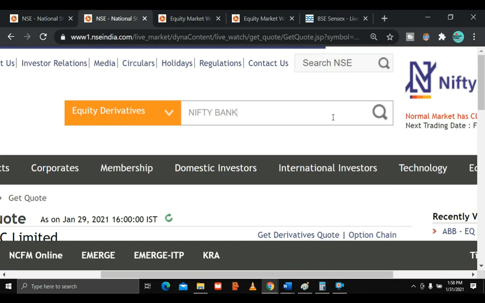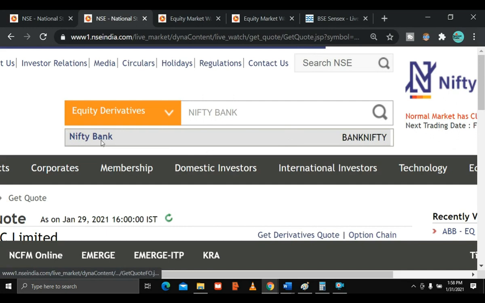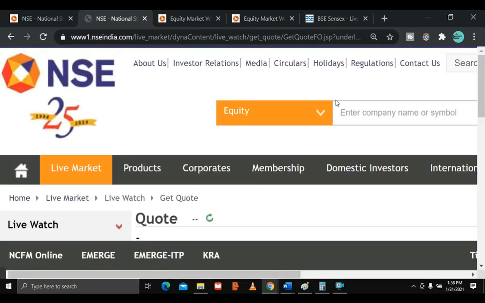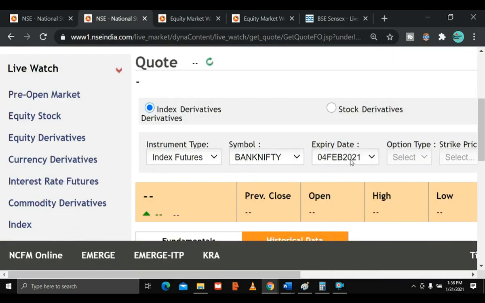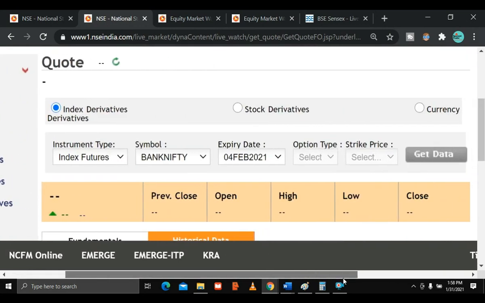If I click on equity derivative, here you can see, if I click on Nifty Bank, since it is trading in the derivative market, all these indices will have a lot size. You have to remember that too. It is not showing yet because the market is not opened yet.